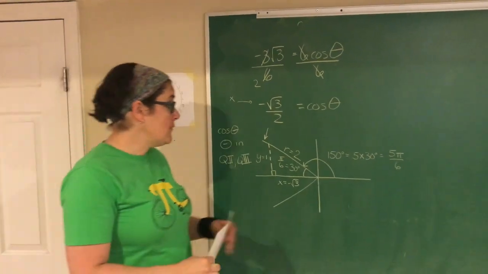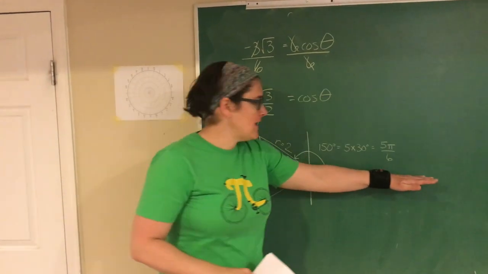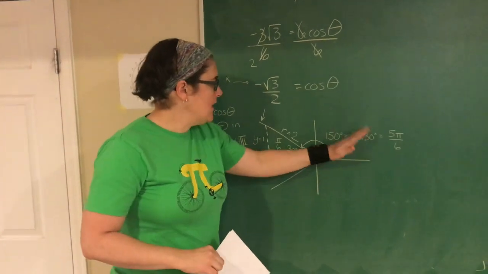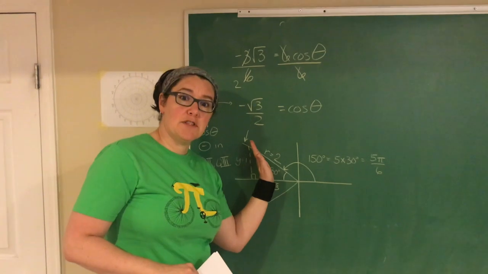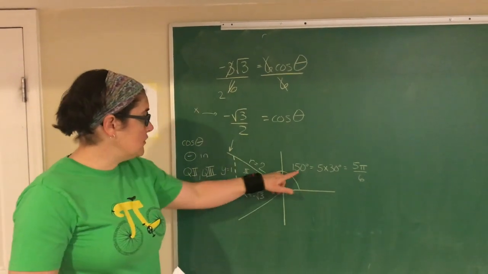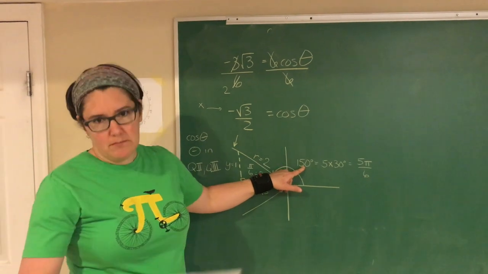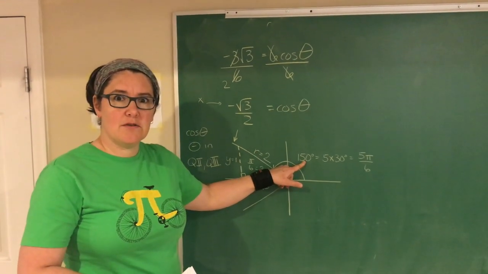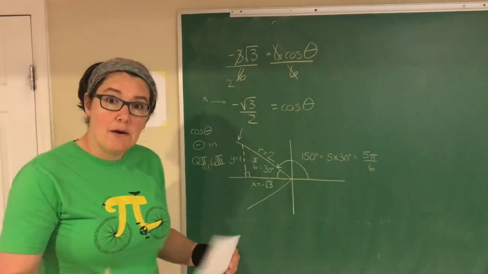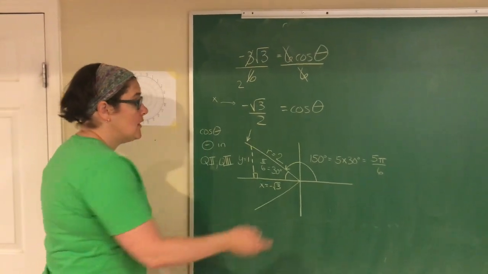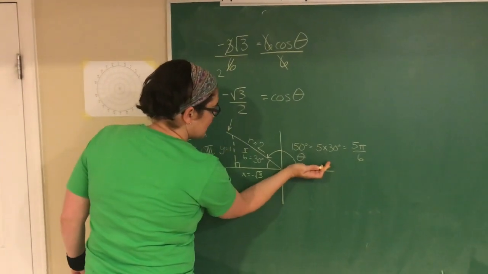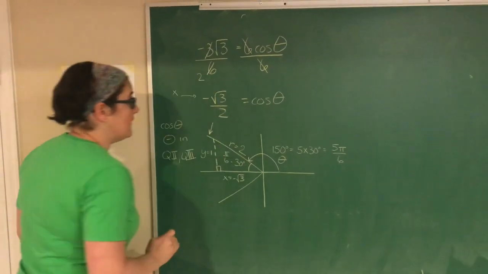I can think about coming up with this angle from the positive x-axis over to our terminal side in a lot of different ways. I can think about how many blocks of pi over 6 do I need? I need 5 of them. I can convert into degrees and then think about, okay, what is 150 degrees in terms of radians? Convert back into radians. However I want to calculate that value, my goal is to come up with this angle of theta that starts on the positive x-axis and ends on this terminal side.